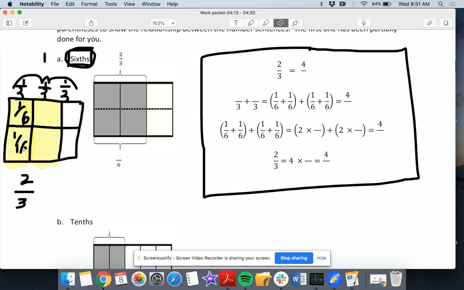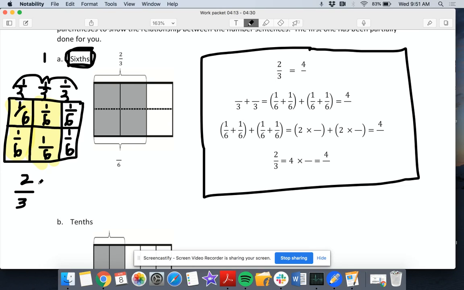Well, that's just simply because there's now 6 total boxes, and the total boxes is the denominator, and 1 will be our numerator because each box represents just one piece in this figure. So I have 1/6, 1/6, 1/6, and 1/6.